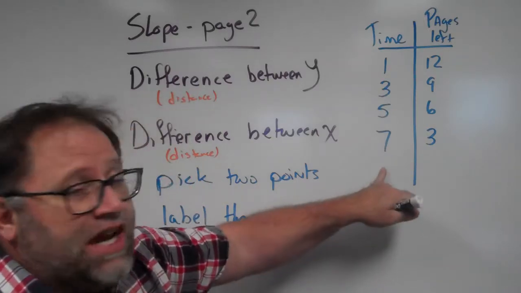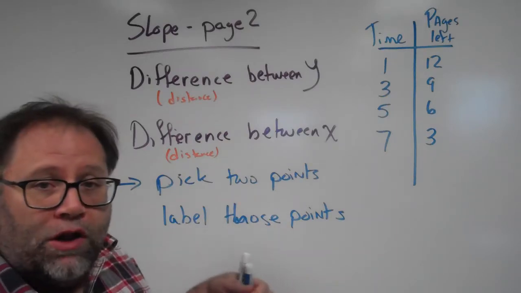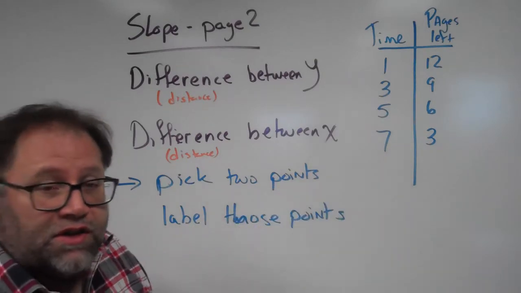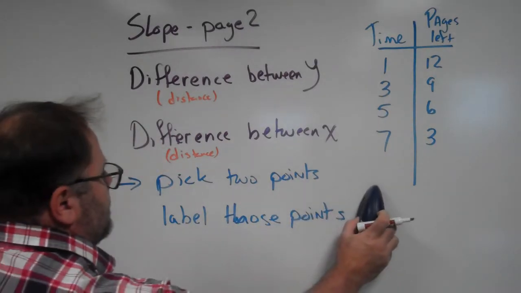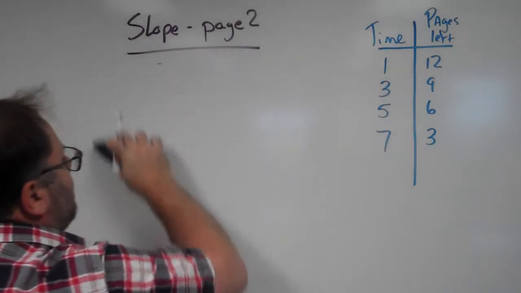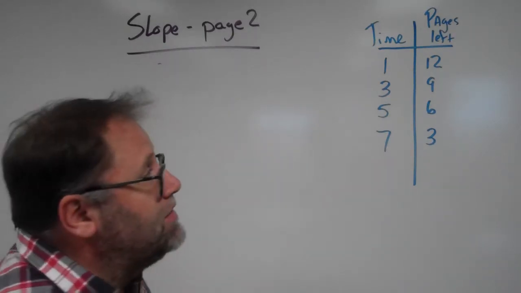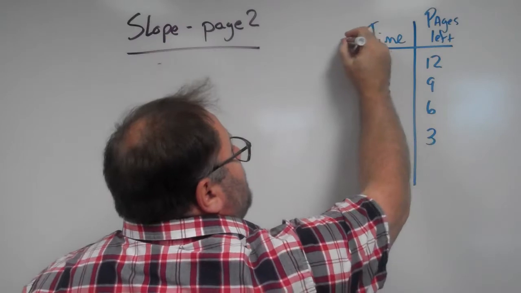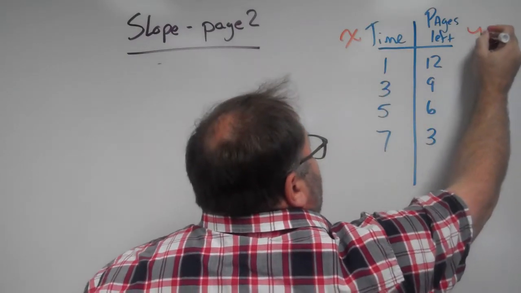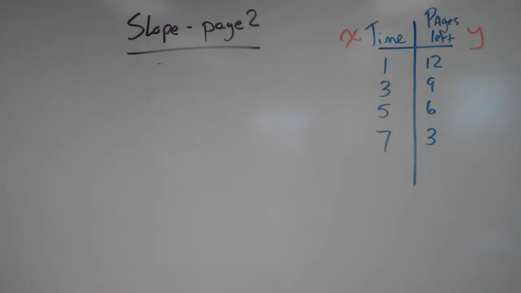All right, so let's use the table first. I'm going to erase this so I have workspace, but you should just work right below it or right around where this is on your paper. That's perfectly fine. Now, the first thing we need to do is pick 2 points. And from this, we know that this column is x and this column is y.